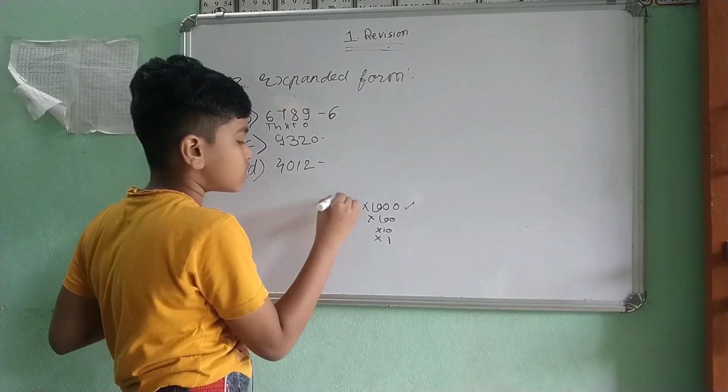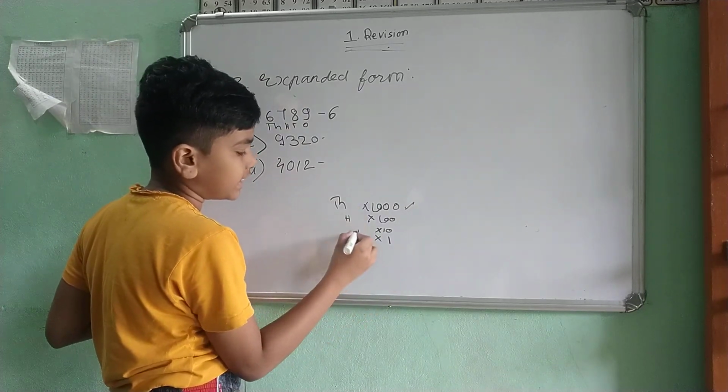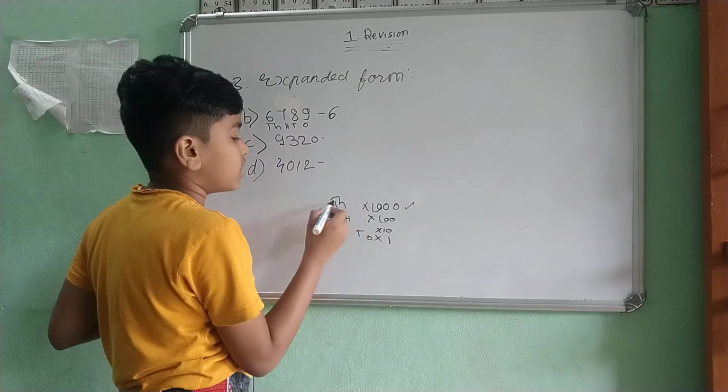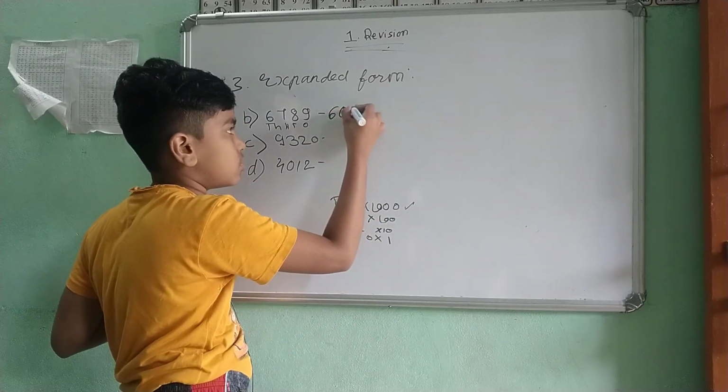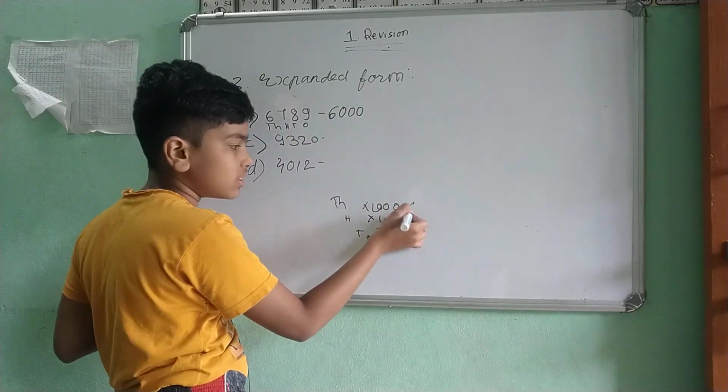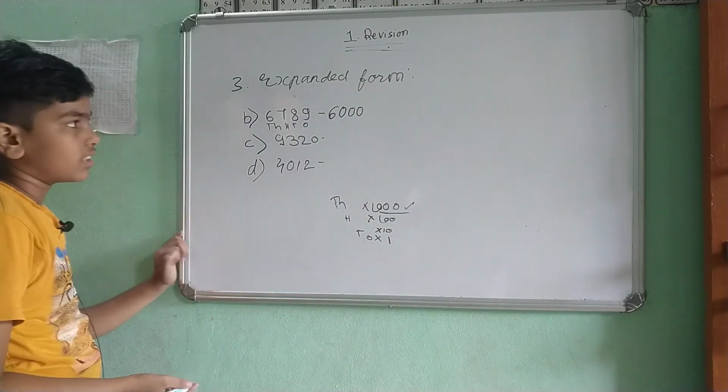Because this is the 1,000 place, just give 3 zeros. How many zeros are there in 1,000? 3. So write 3.